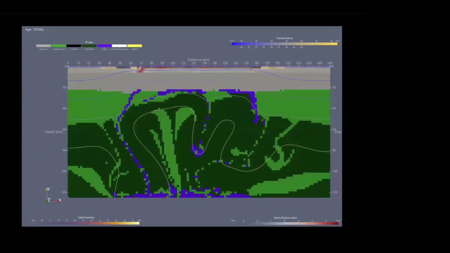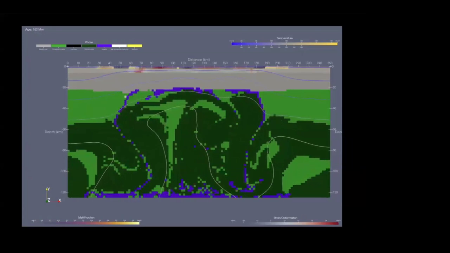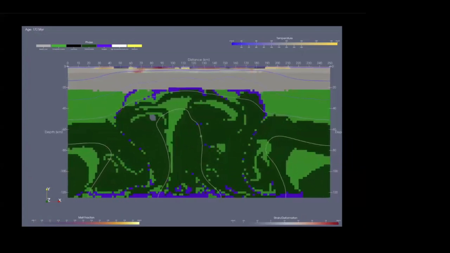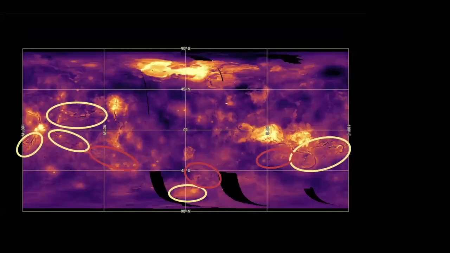And you actually start to get a similar feature that we showed before, where these two sources of downwelling occur on either end of the plume. And topographically, you end up with something that looks like this, where you have this 1.5 to 2 kilometer high profile, and then as the whole system shuts off, it collapses down. So you get this more subdued profile without very much trough on either side, which is very similar to the cartoon that I showed before.